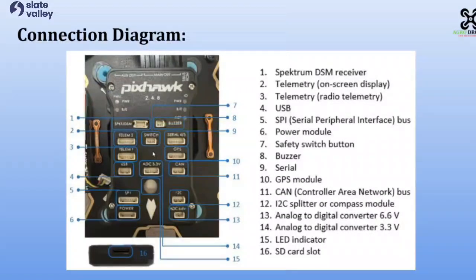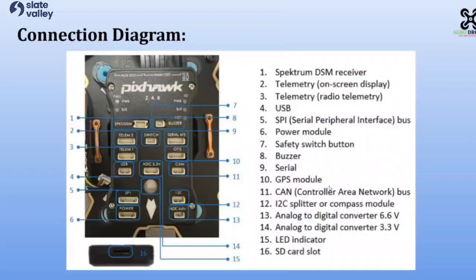And there will be a button switch. And USB is for uploading firmware, and the serial 4 and 5 you can use for GPS and telemetry. It is an extra port if you're using multiple communication systems, so you can connect here at the ninth pin, and the 10th pin is the GPS module, and the 11th is CAN, control area network.